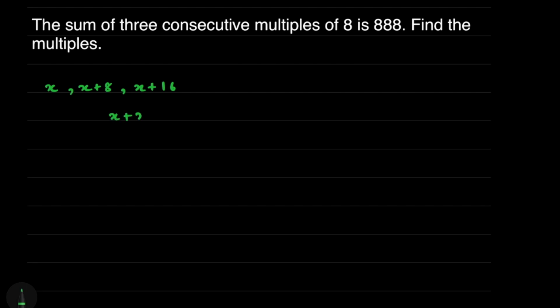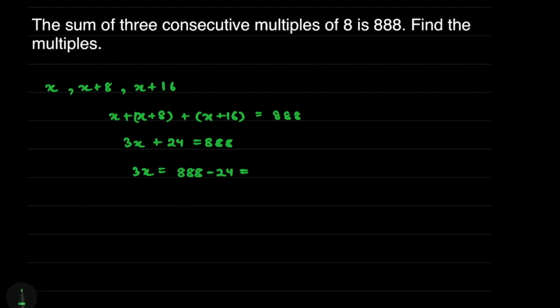So let's add these 3: x plus x plus 8 plus x plus 16, and this is equal to 888. Now let's add all the x's, which gives us 3x, and 8 plus 16 is 24, which is equal to 888. 3x is equal to 888 minus 24, and this comes out to be 864. Solving for x gives us 288.